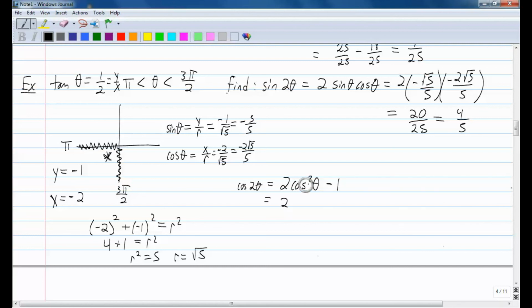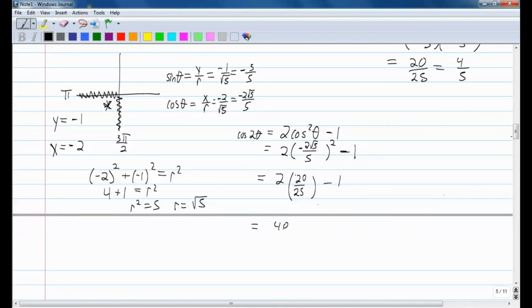All right, so I need to know what cosine of theta is equal to so I can plug it in. Cosine of theta was equal to negative 2 square roots of 5 over 5. So that's what I'm going to square, and then I'm going to subtract 1. So I have 2 times negative 2 times negative 2 is 4, and square root of 5 times square root of 5 is 5. So positive 4 times positive 5 is 20 over 5 times 5, 25, minus 1.